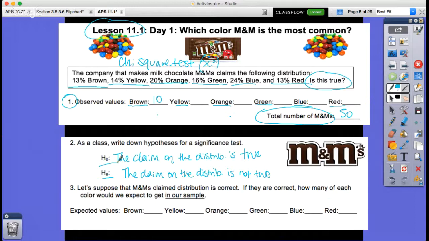Now, let's suppose that M&M's claimed distribution is correct. If they are correct, how many of each color would we expect to get in our sample? In my context, N equals 50.